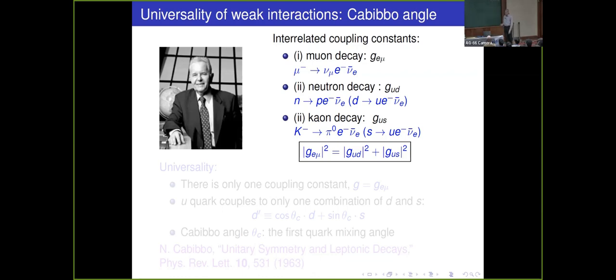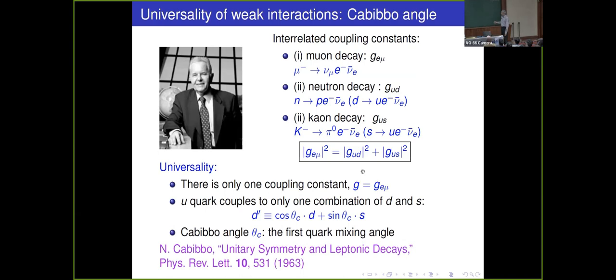However, his proposal was that indeed all of these three decays are governed by the same coupling constant, and that same coupling constant G is just what you can call a G of muon decay, where muon goes to electron, and then U quark must be coupling to only one combination of D and S. Remember, D and S have the same charge, -1/3, so they can mix into a quark called D prime, and this is the combination to which U quark couples.